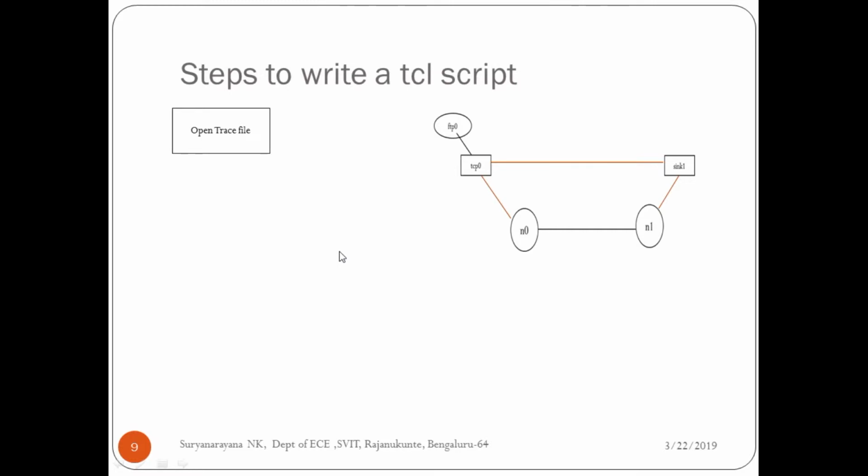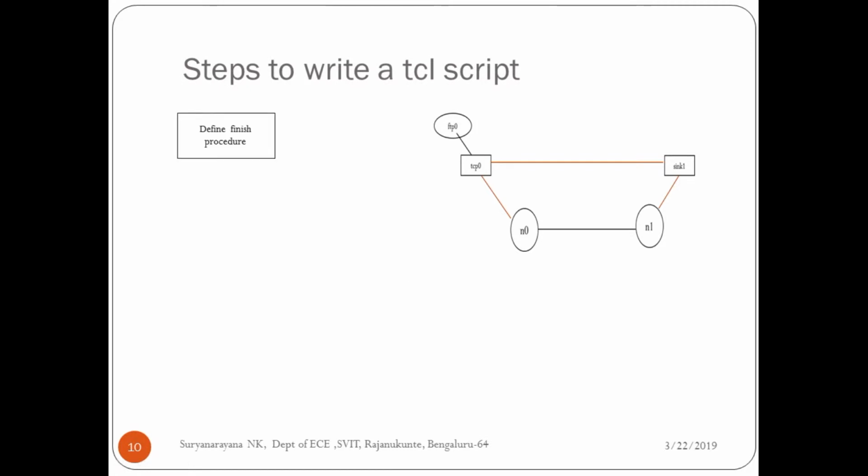Similarly, we are going to open trace file. Let us give name for trace file as ph.tr. tr is the extension for trace file in writing mode. Let us provide all the data that is there in the trace file to the main object we have created for the simulator.